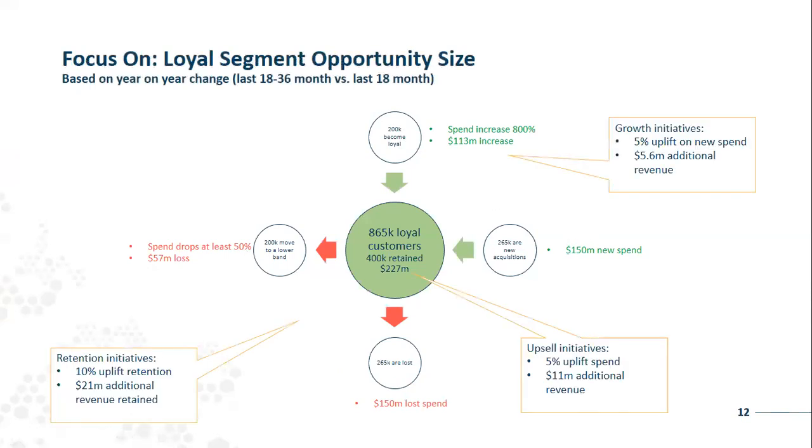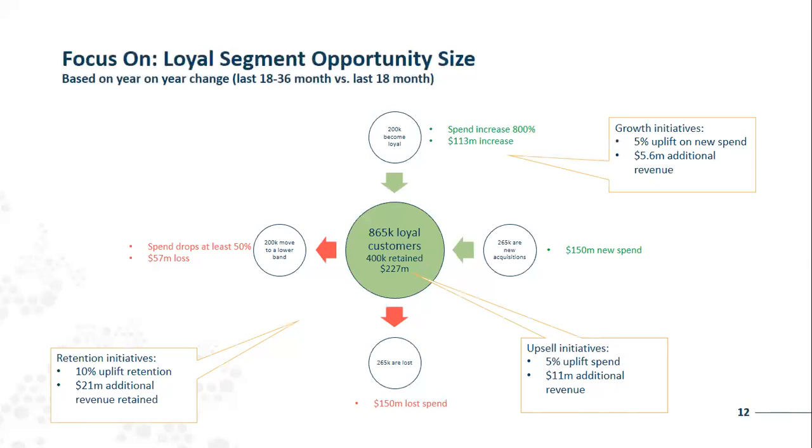So it allows me from that to start to form some strategies or initiatives that I might want to undertake to address any loss at those groups, or maximize on any potential uplift on new people into that group. So you can see here, for example, if I deploy some upsell initiatives and then manage to increase that by 5% on my existing loyal customers, that would give me an additional $11 million worth of revenue.